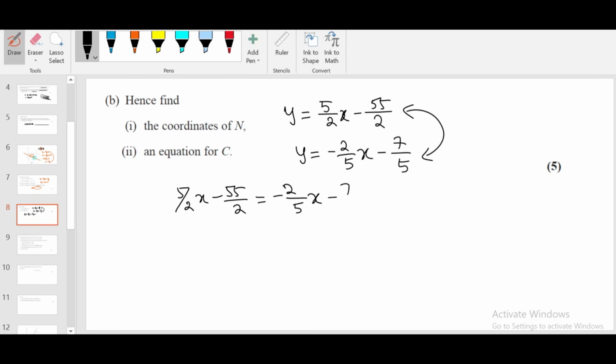5/2x minus 55/2 is equal to -2/5x minus 7/5. Put this x term here.